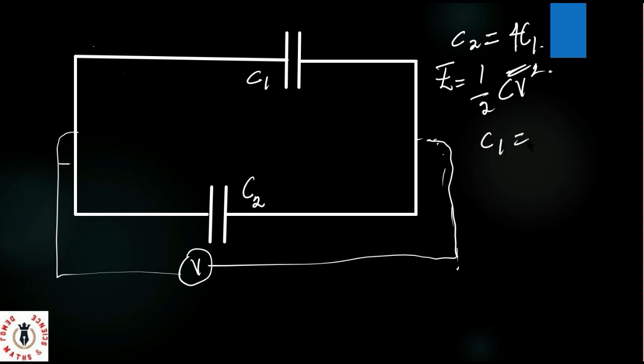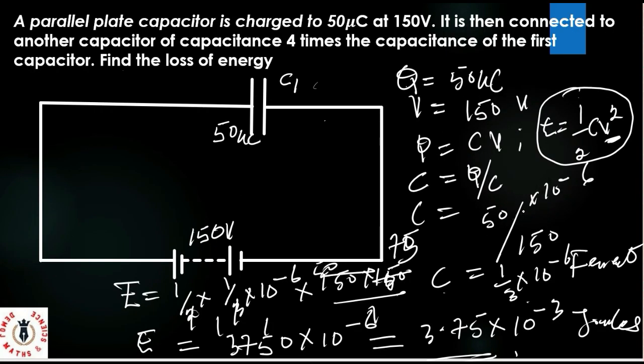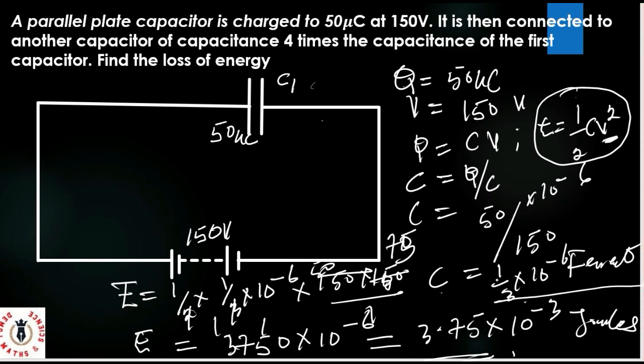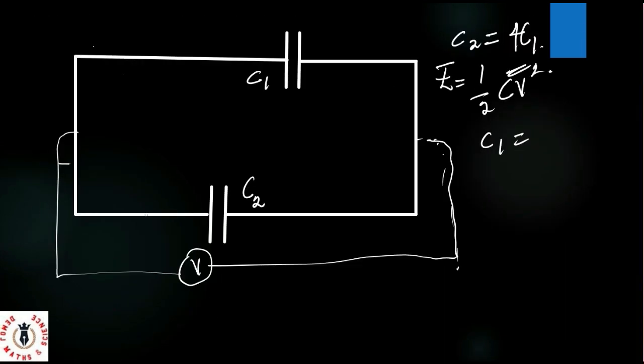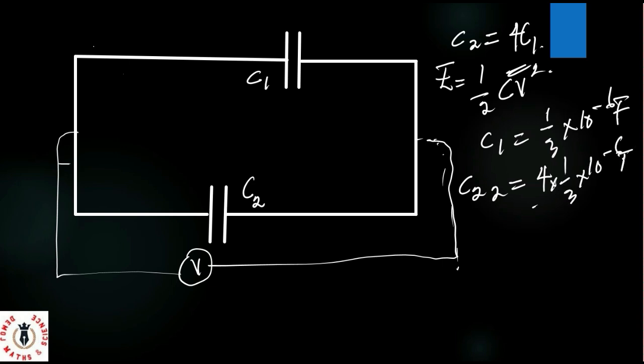From our initial calculation, my C1 we got to be 1 over 3 times 10 raised to the power minus 6 farad. Definitely my C2, which is 4 times C1, will be the same thing as 4 times 1 over 3 times 10 raised to the power minus 6 farad.